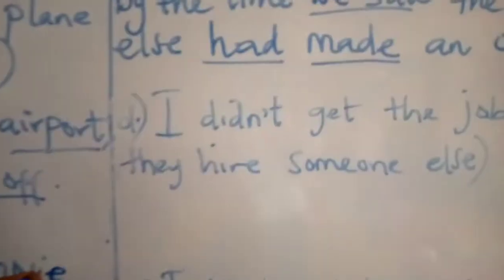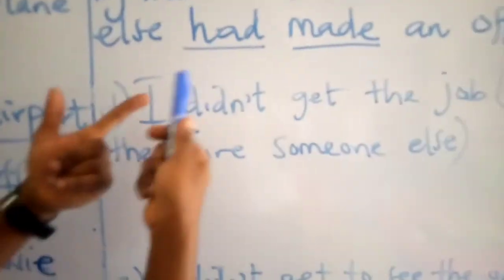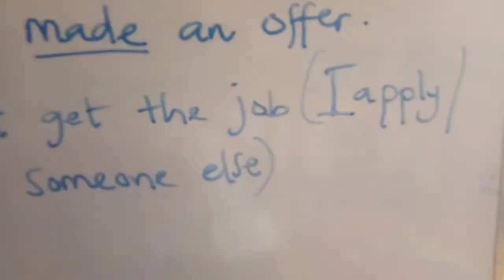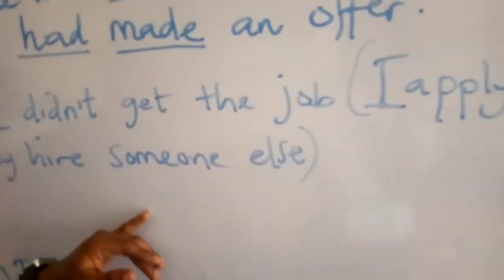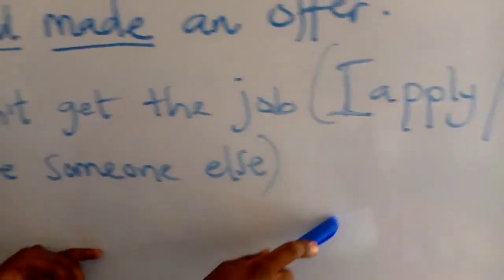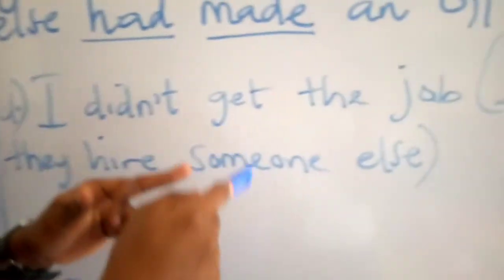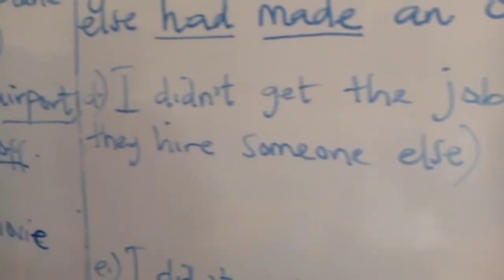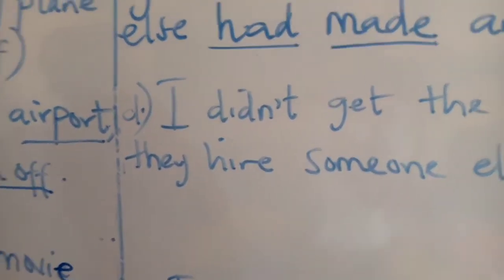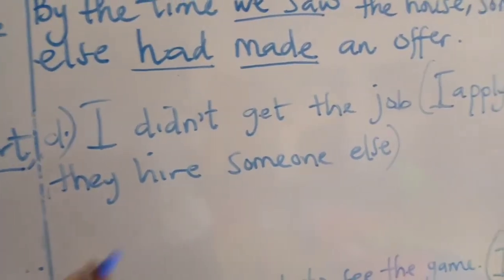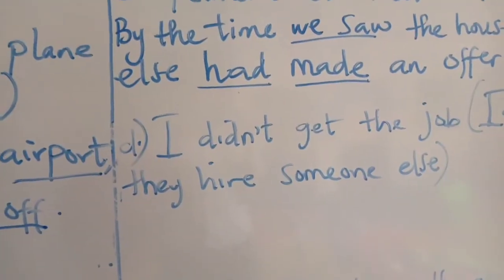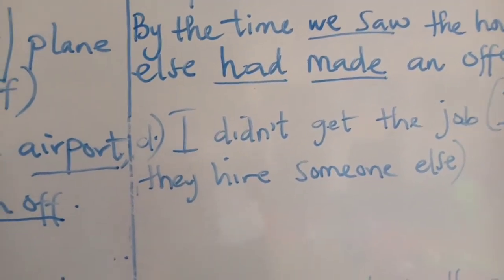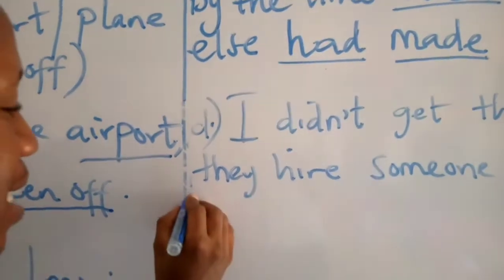Letter D. I didn't get the job. I apply. They hire someone else. So what do you think will be the past perfect for this sentence now, beginning with by the time? Can you guess? Okay, let's go together.